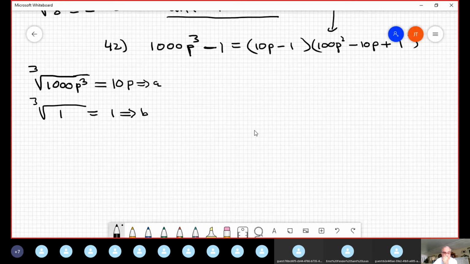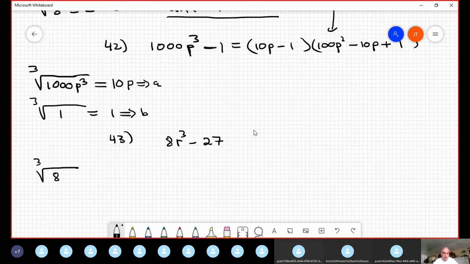Okay, I need more participation. Number 43 is 8R cubed minus 27. My question again is: is it a difference of cubes, yes or no? Yes. Help me with the computation.